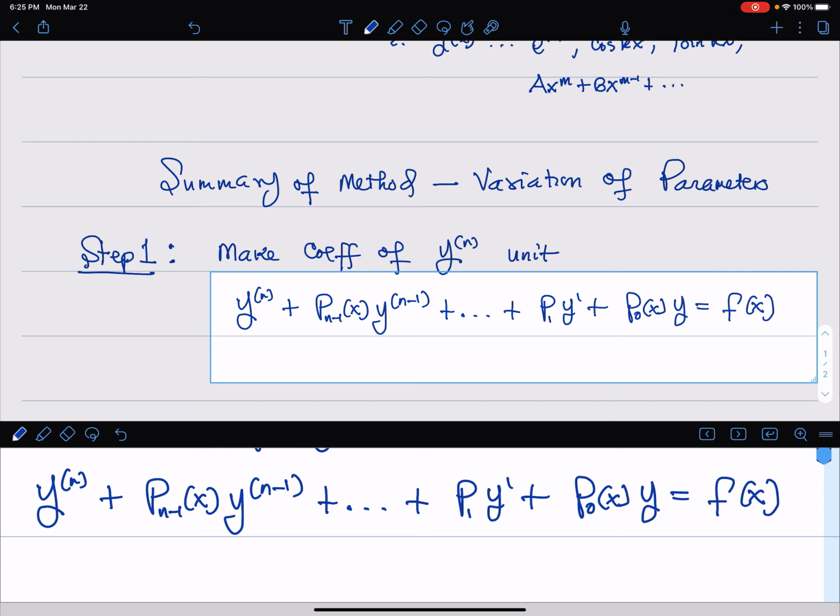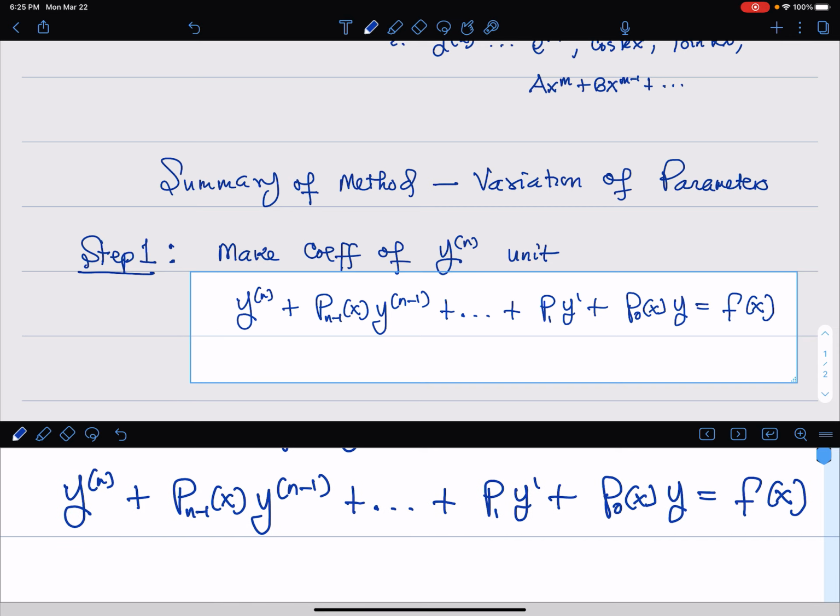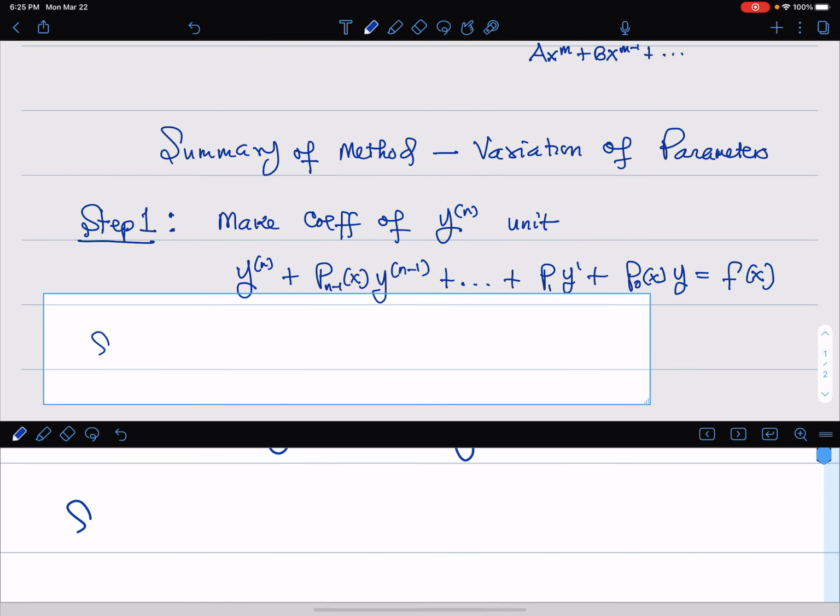After dividing through by an of x, I renamed the coefficients p's, so pn will now be 1. Okay, that's the first step.